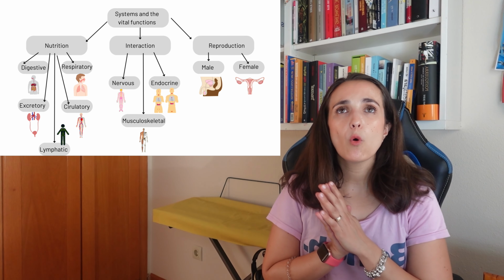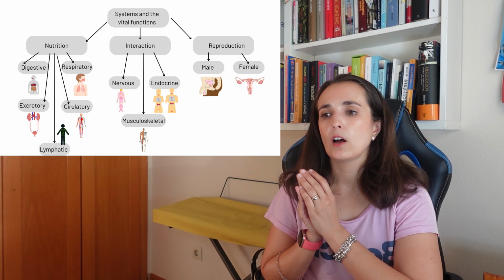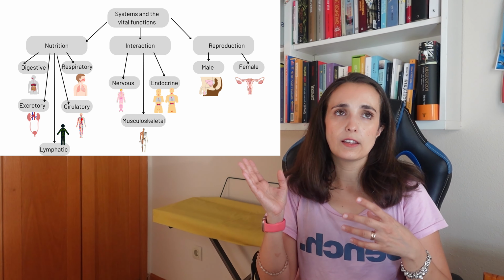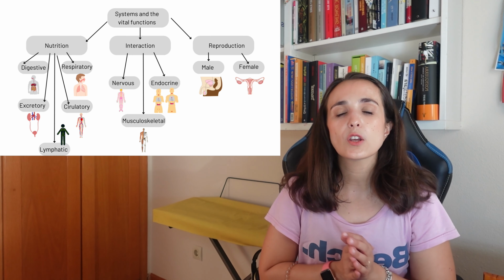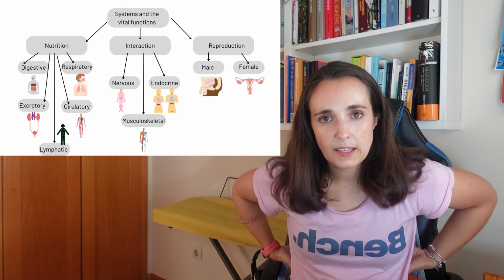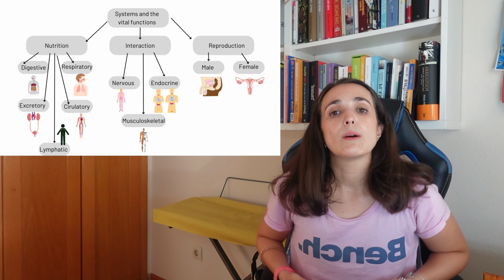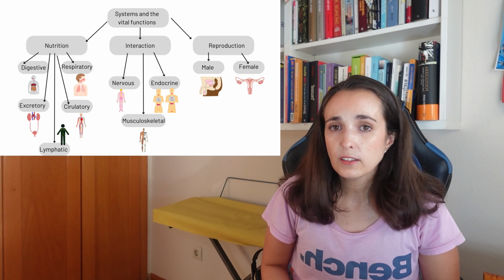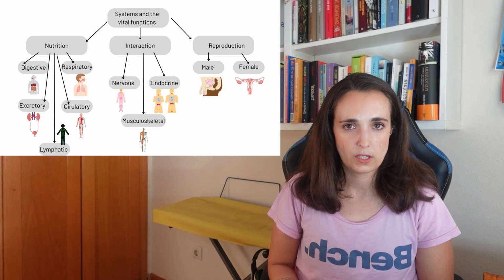We have more ways of excreting substances than the excretory system. The excretory system is urine. So the kidneys will filter the blood and it will get to the bladder, and the result is urine, and that's it. This is the excretory system.